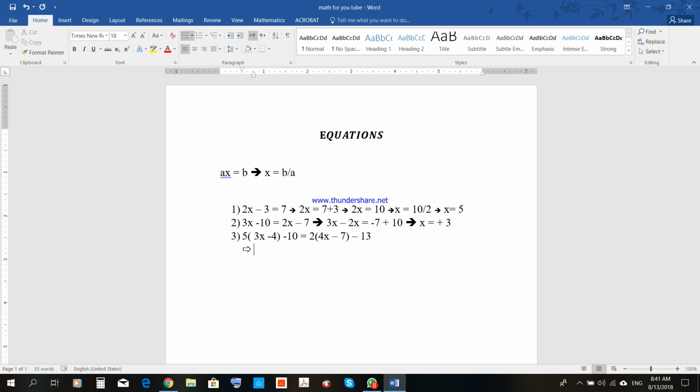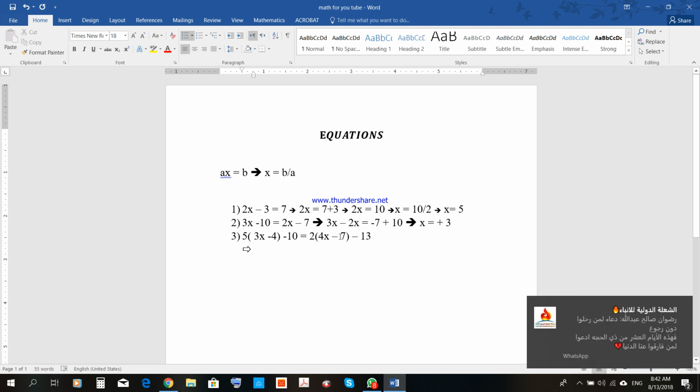After that, we take the numbers from the left to the right side of equal, and bring the unknowns from the right side to the left side, but don't forget to change their signs.